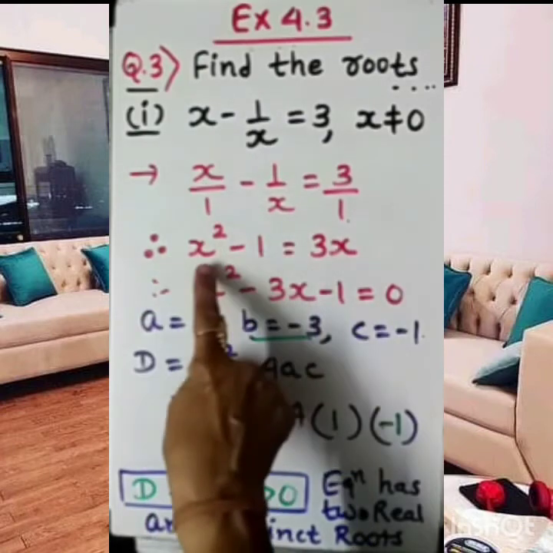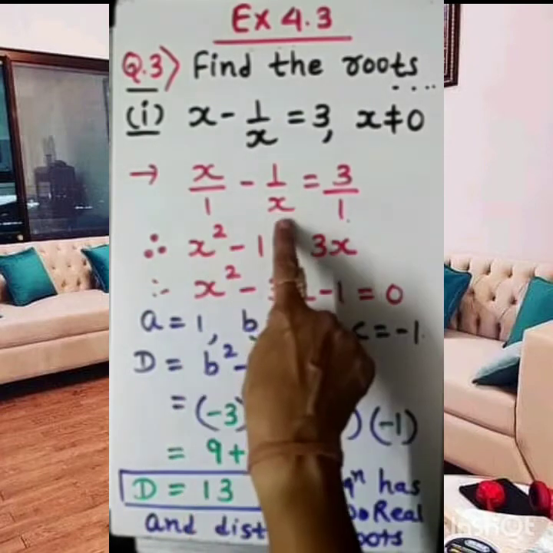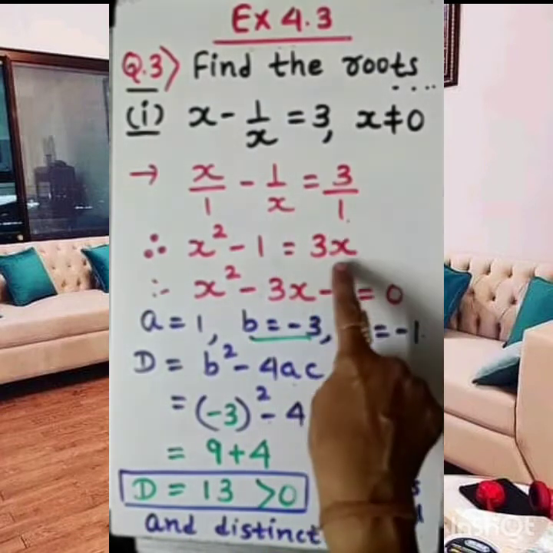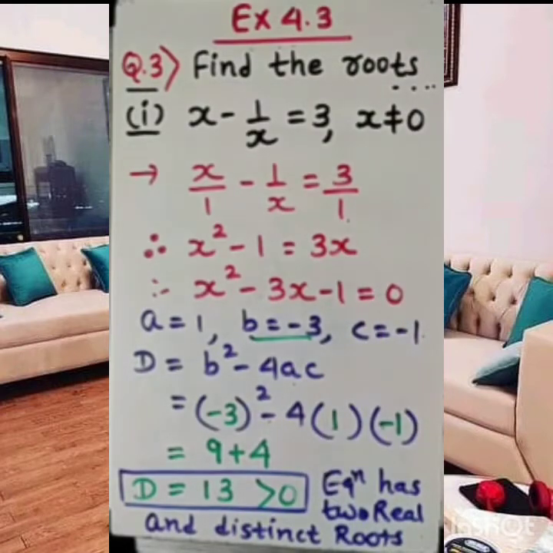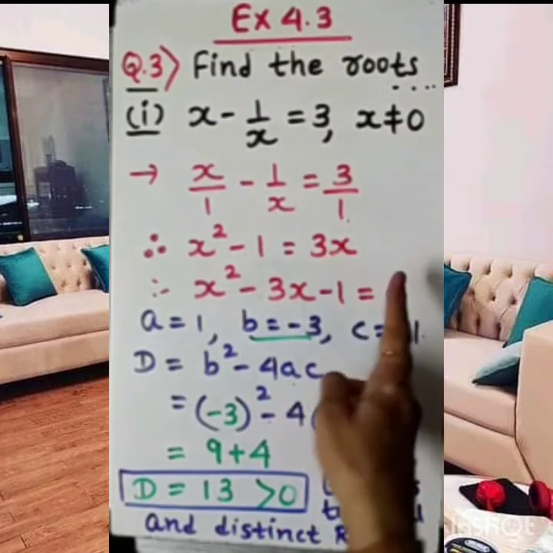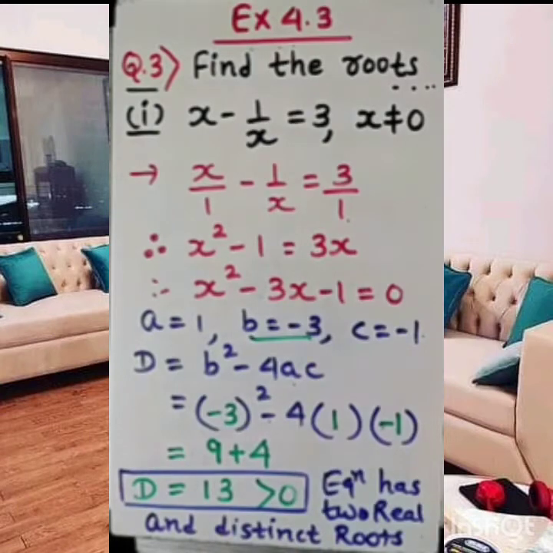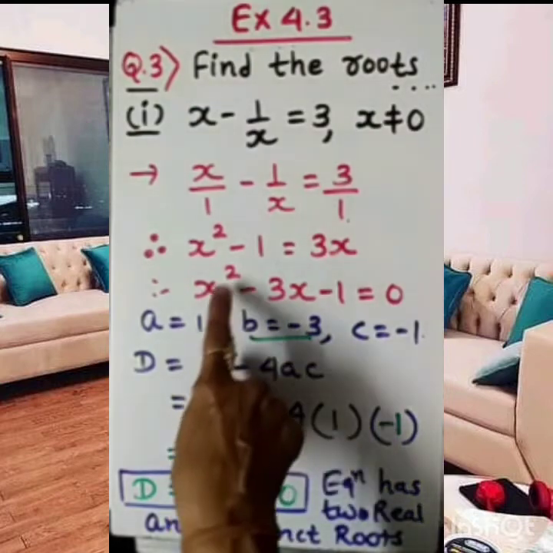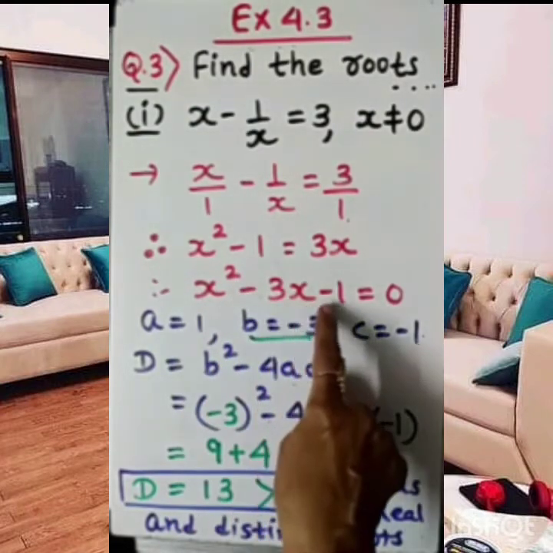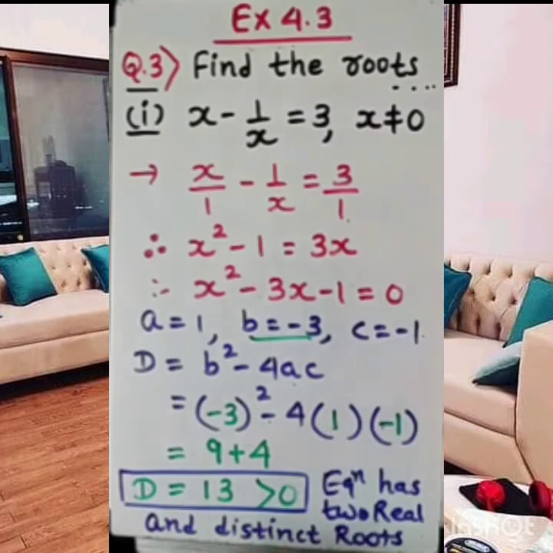So here x square. This x will be multiplied with this, giving the result 3x. Finally, if I bring this 3x to the left side, it will be minus 3x. So our general quadratic equation will be x square minus 3x minus 1 equal to 0.